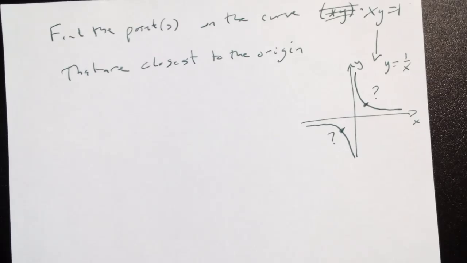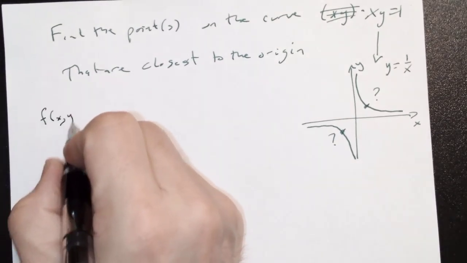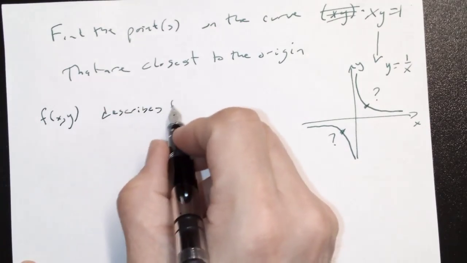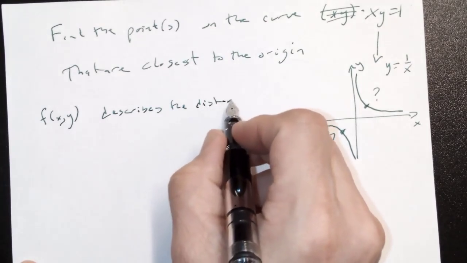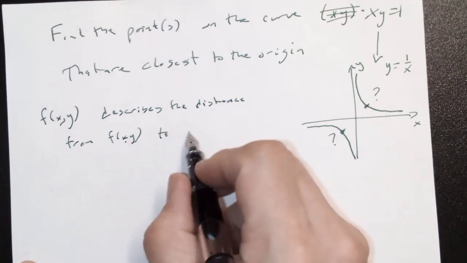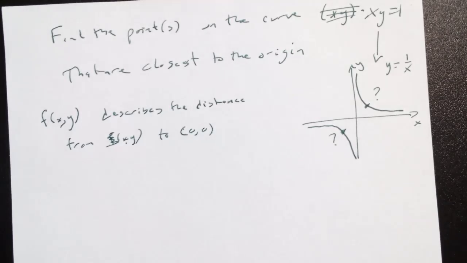So what I do is I say, I need a function, f of x, that describes the distance to the origin. Picking any point, I need a function that tells me how far away that point is from the origin.